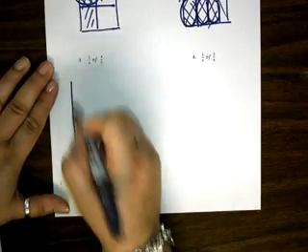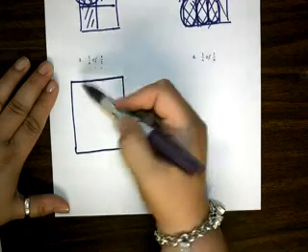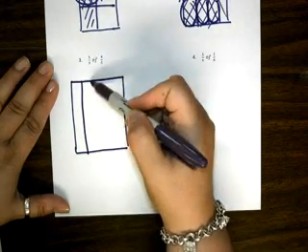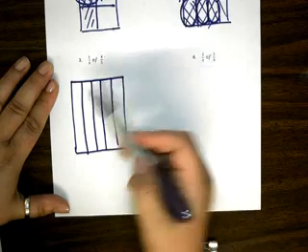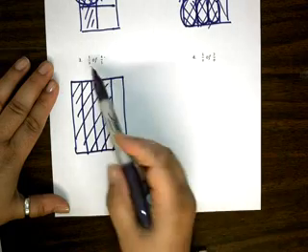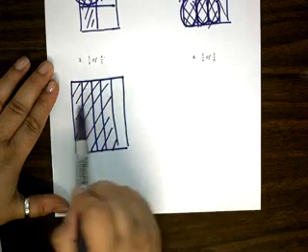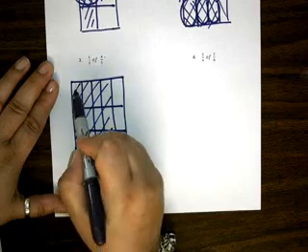1/3 of 4/5. Here we go again. And hopefully you're all saying this to yourselves. First thing I'm going to do is break this into 5 intervals, of which I want to shade 4 of those 5. I have 4 of the 5. And then I want 1/3 of that. So I need to take my unit, cut it into thirds, and I only want 1/3 of that.